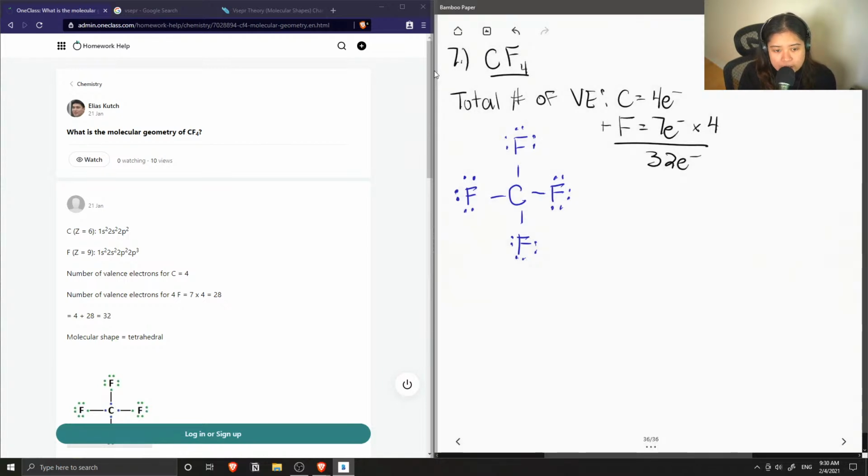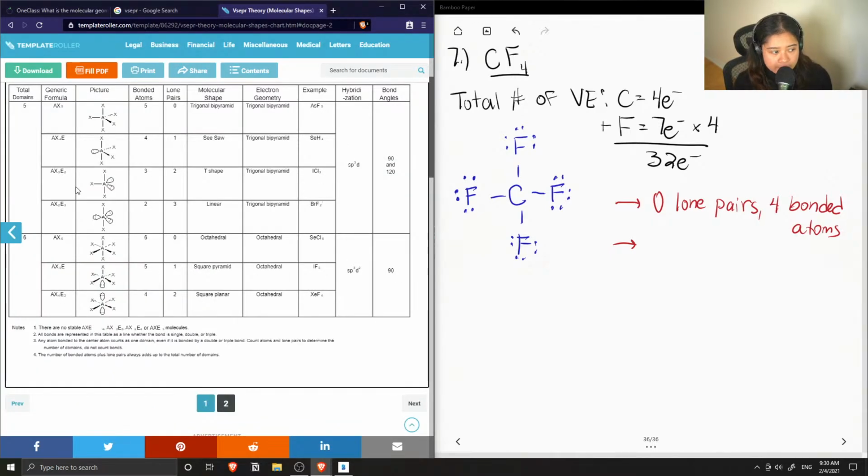So now when determining the molecular geometry, we need to analyze our central carbon atom. So we'll see that there are 0 lone pairs, and we have 4 bonded atoms. So if we use a VSEPR theory table, we can find out its molecular geometry.